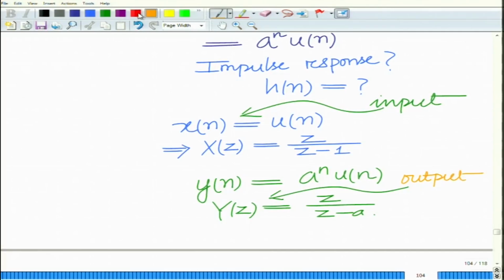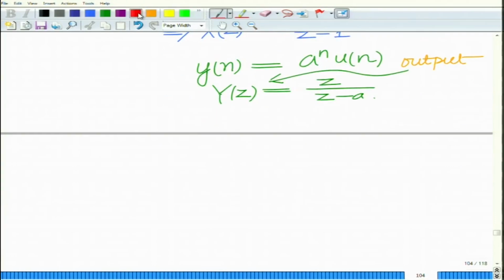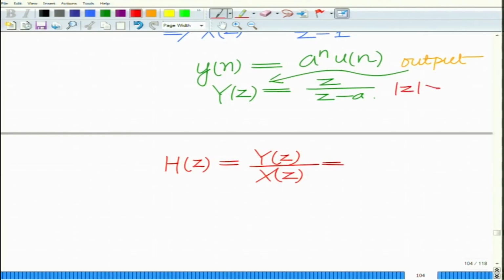Now, therefore, the transfer function H(z), remember, is given as Y(z) over X(z). Okay. Of course, again the ROC is magnitude z greater than a. Now, the ROC of both will be magnitude of z greater than 1, since a is less than 1.